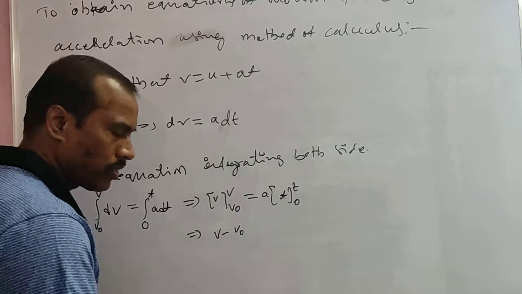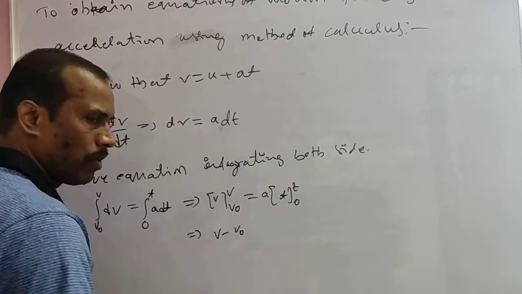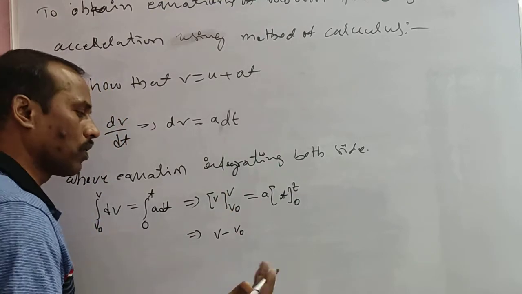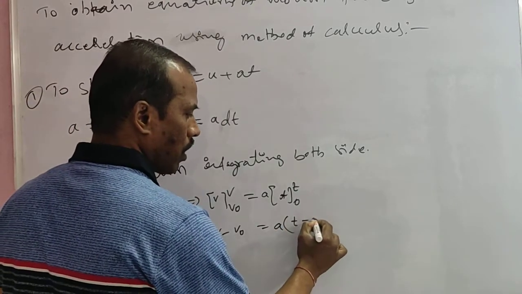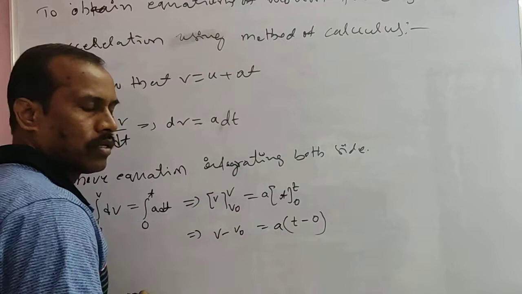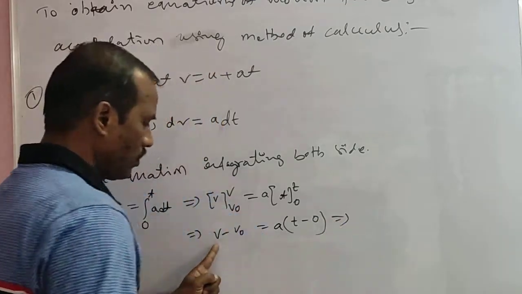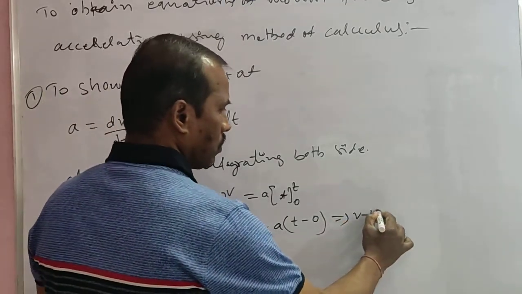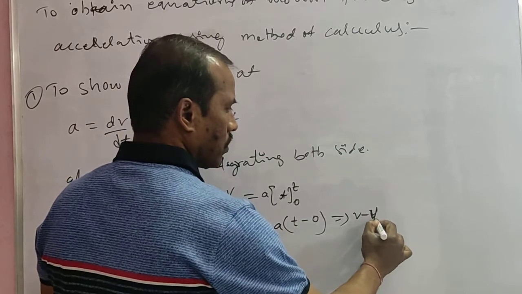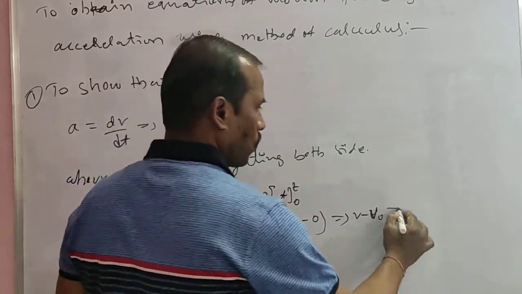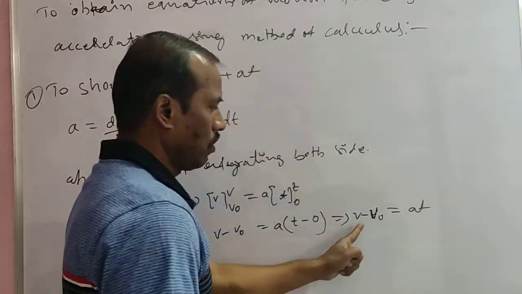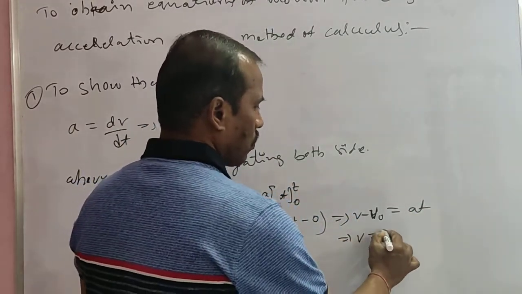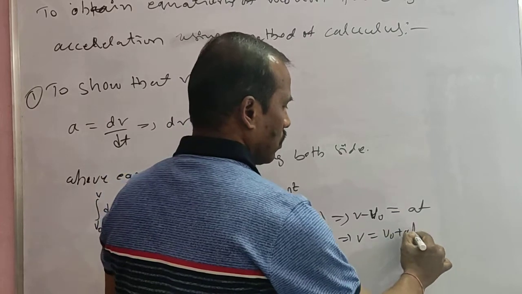v naught means the initial velocity, v means the final velocity of the particle. This is equal to a into t minus 0. Simplifying, v minus v naught is equal to at, so v is equal to v naught plus at.